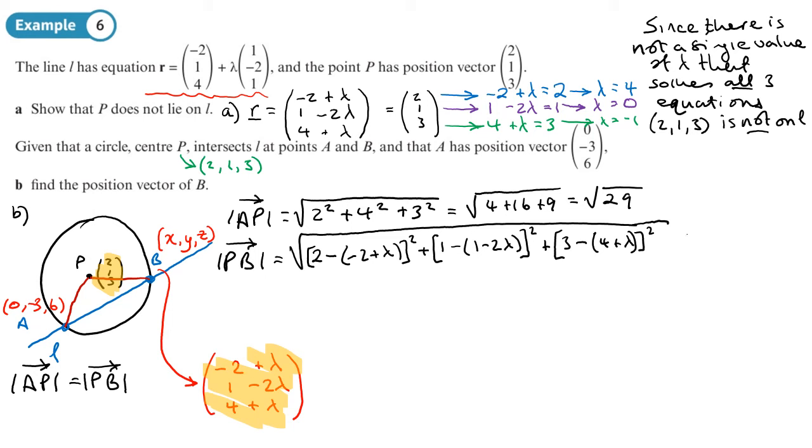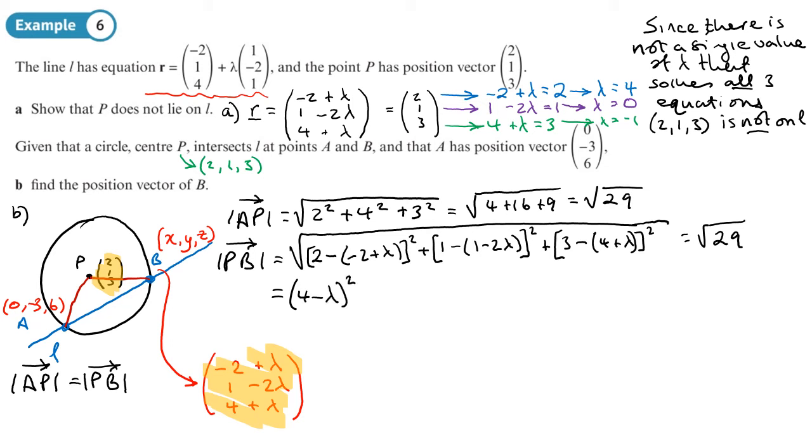And we know that equals the square root of 29. So actually we could square both sides, couldn't we? And we don't need a square root of 29. So the first bit becomes 4 minus lambda. So I'm going to have 4 minus lambda all squared.